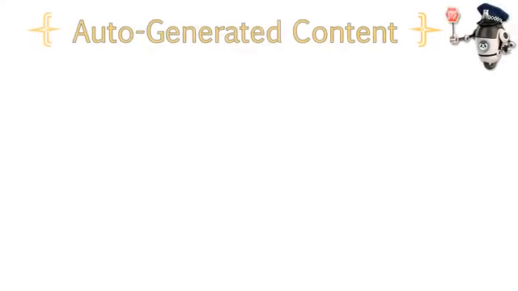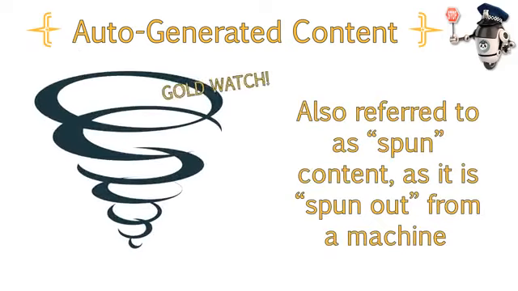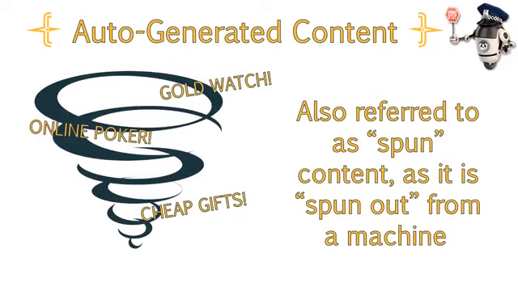Some examples of the type of content Panda targets include things like automatically generated content. Automatically generated content is also referred to as spun content, and it's content that is created by a program and inserts applicable keywords. But most often the article is gibberish or very poorly written and is difficult for users to understand.